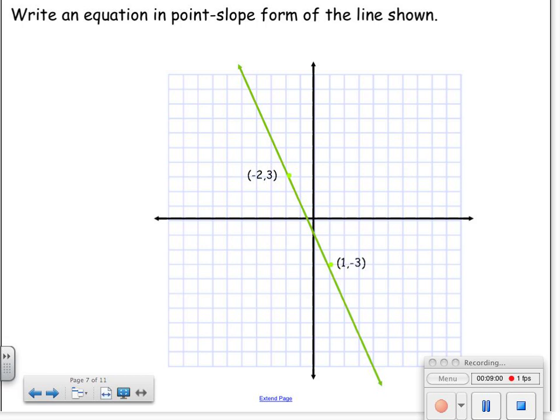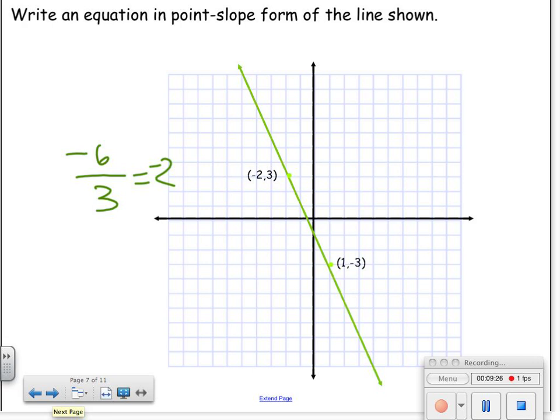So write an equation in point slope form. Here we're going to figure out the slope. Counting 1, 2, 3, 4, 5, 6, so it's negative 6 over 1, 2, 3. I just counted that off, although I could do the actual math, but why do the math if you have it right there? You can do it that way as well. So negative 2 is the slope.